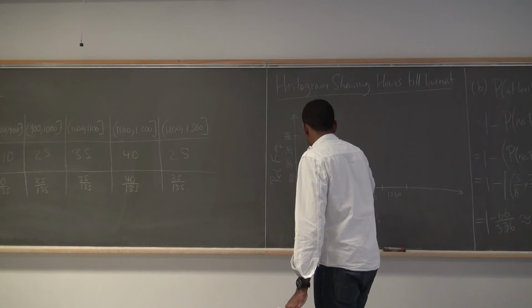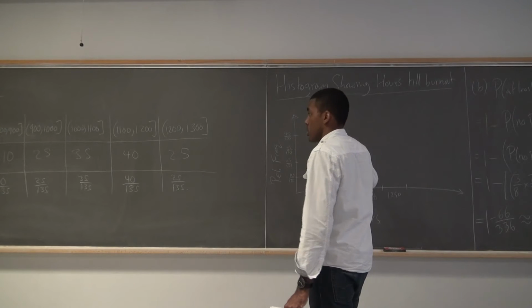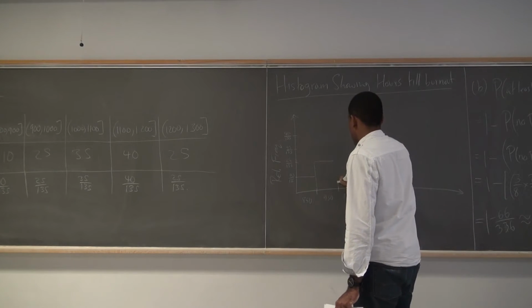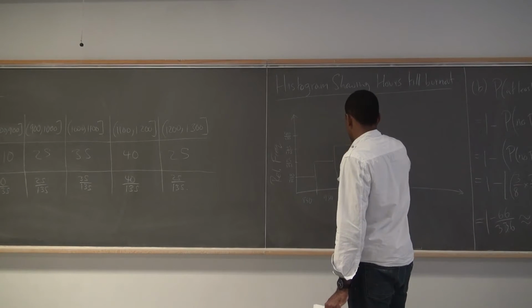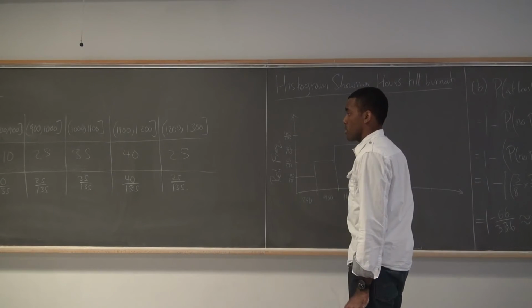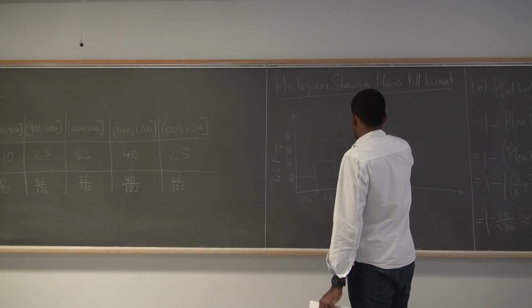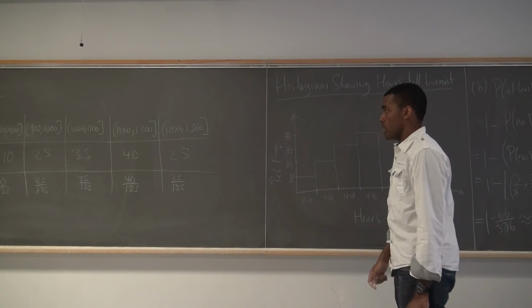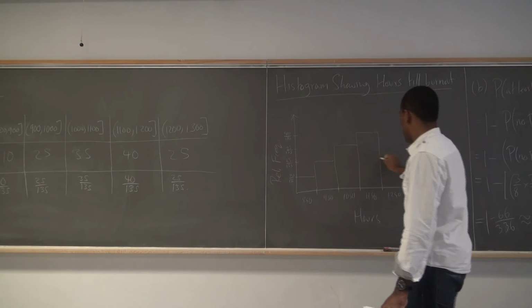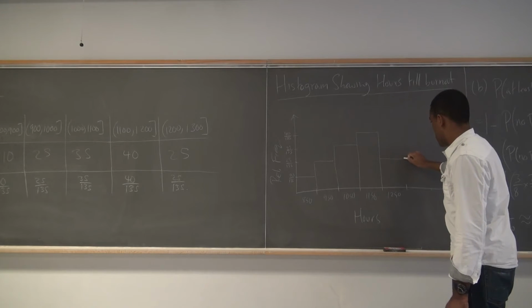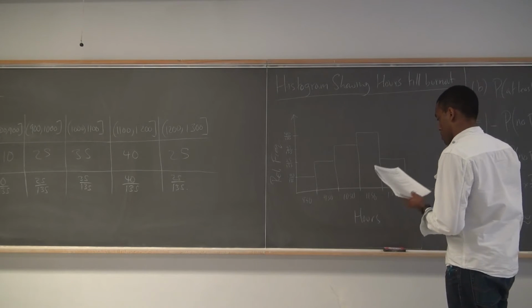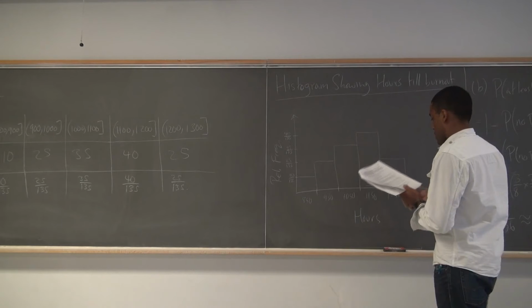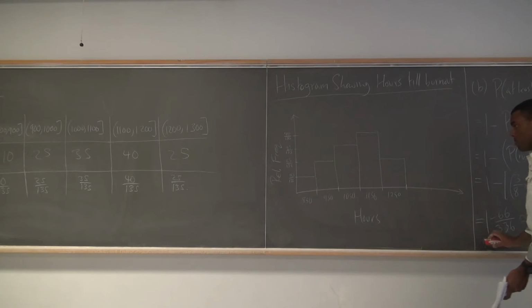Second one is a 25, so we go here. Next one is a 35, so we go here. Next one is a 40, so we go here. And the last one is a 25, so we go there. So that's the histogram.